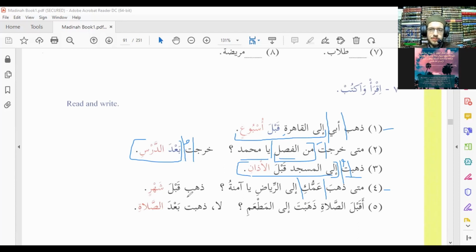And ذهب is the verb, and then the fatha is the fa'il. Here's what they're going to say in the books of Arabic grammar. They're going to say that the fa'il is a ضمير مستتر, which means a hidden pronoun. Okay. Exactly.